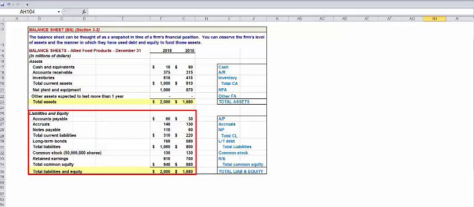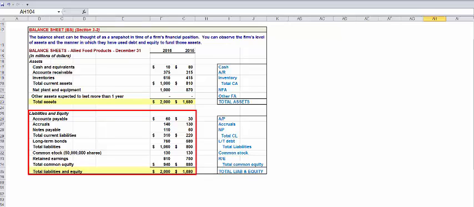The stockholders' equity section includes common stock and retained earnings. The common stock line only changes if stock is either issued or repurchased. Retained earnings are adjusted each year as a result of the outcome of the year's operations. Retained earnings for 2016 is equal to 2015 retained earnings plus the addition to retained earnings for 2016.